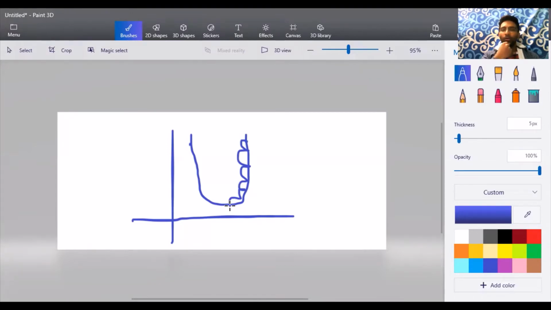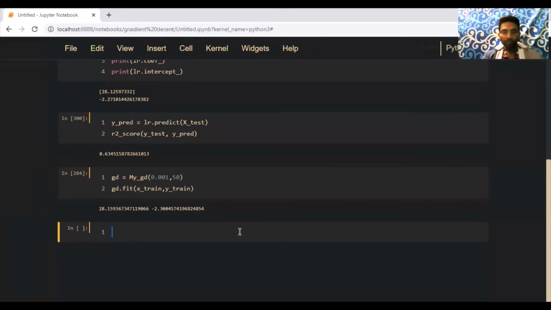Now I think we can start building our own gradient descent class. So let's start. First I will make the class GradientDescent. Let me initialize something first.